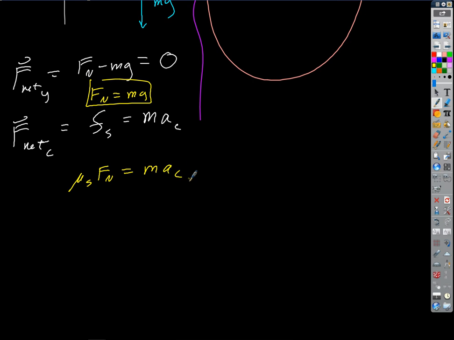Mg, right? So we end up with mu sub s mg equals m times centripetal acceleration. I could divide each side by m, and what's our centripetal acceleration equal to? Mu sub s times g, sure. So then if we want to solve for mu sub s, it is equal to a over g, right?